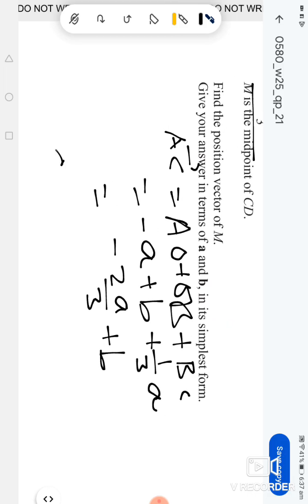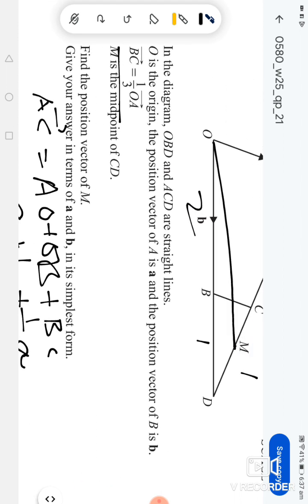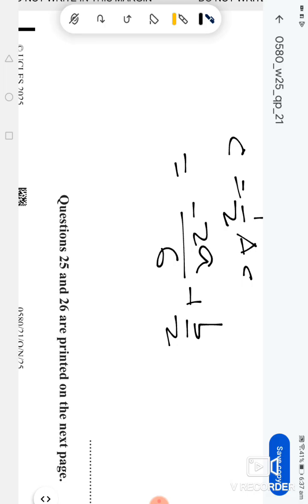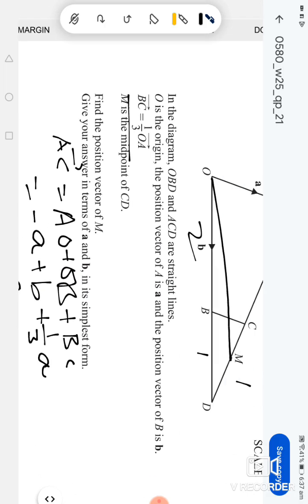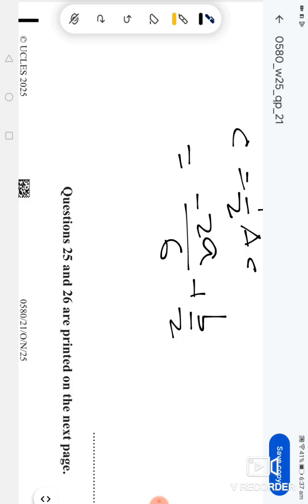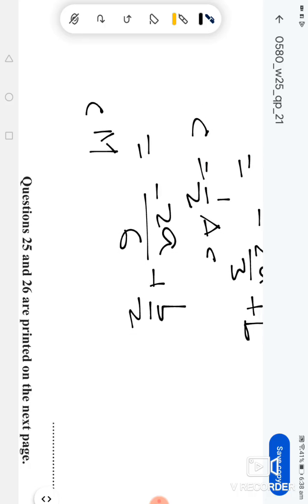So CM equals 1 by 2 of CD. So minus 2a by 6 plus b by 2. And CM equals 1 by 2 CD.